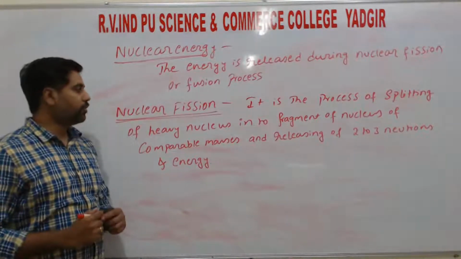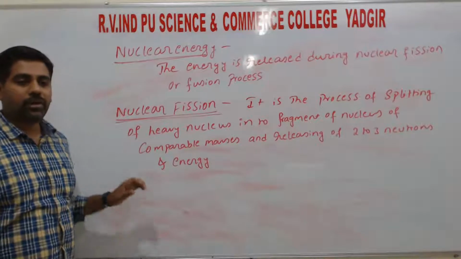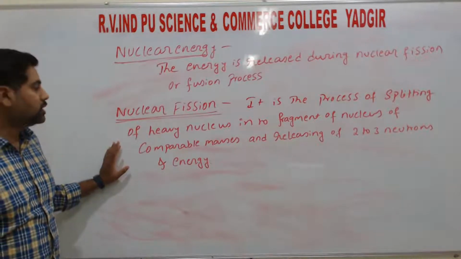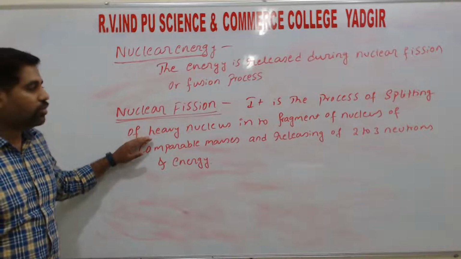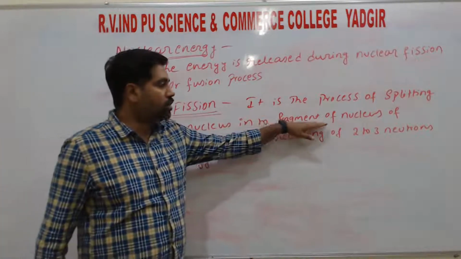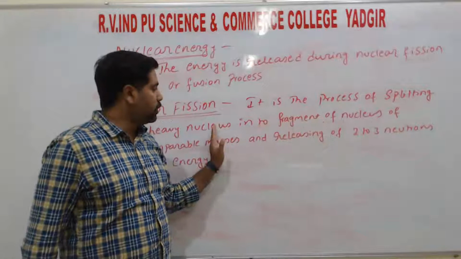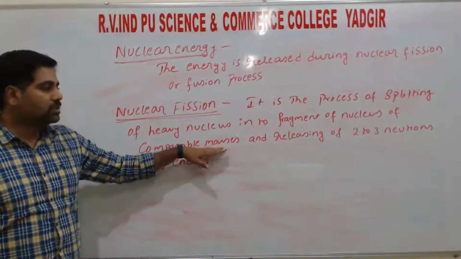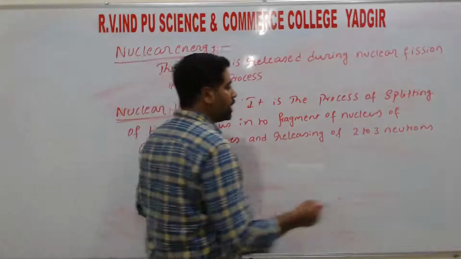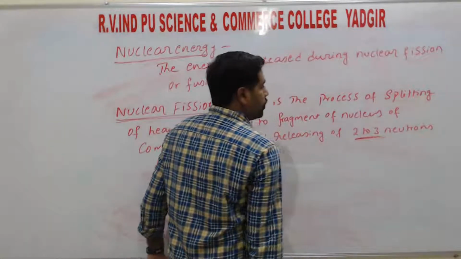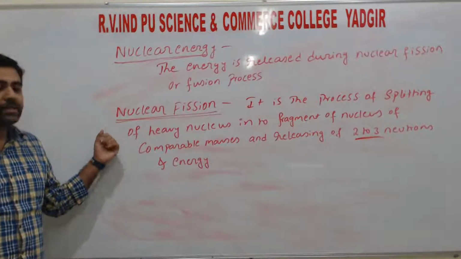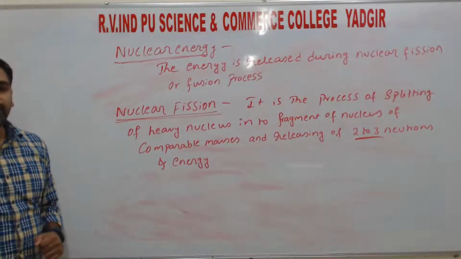So this process we call nuclear fission. What is nuclear fission? It is the process in which the heavy nucleus splits into fragments, that means two nuclei of comparable masses, releasing 2 to 3 neutrons along with the energy, right? This process we call nuclear fission.